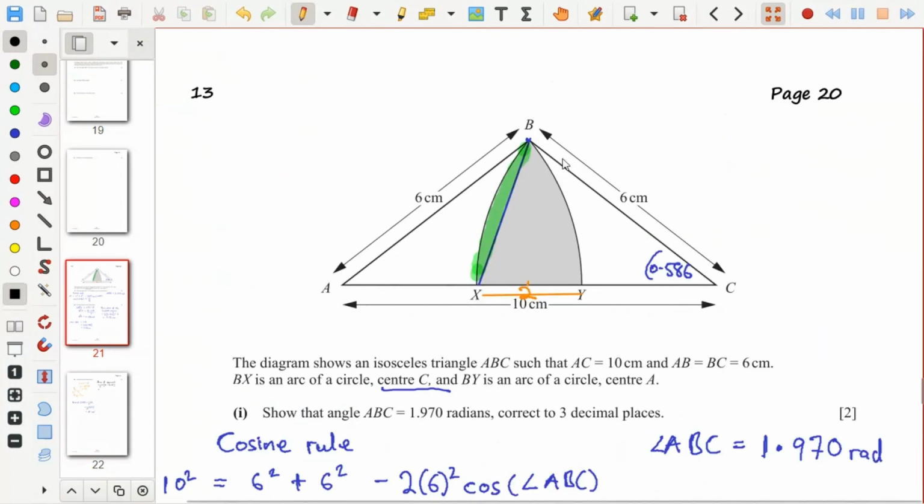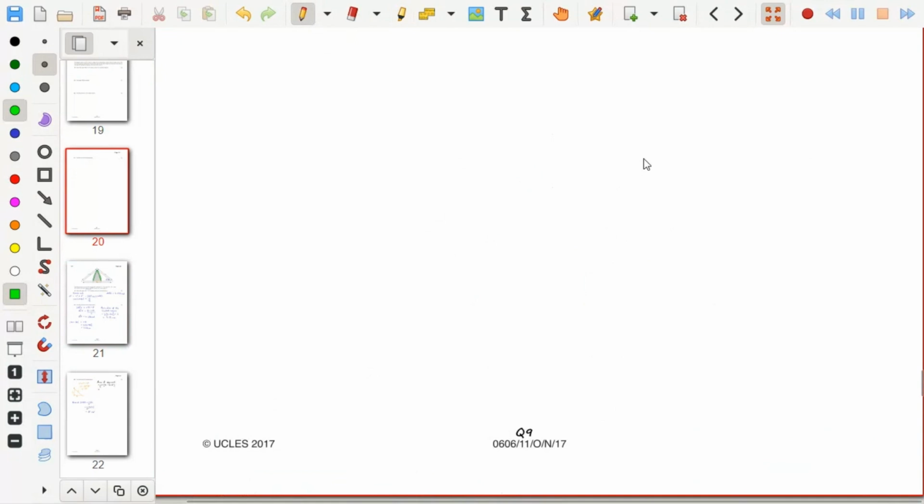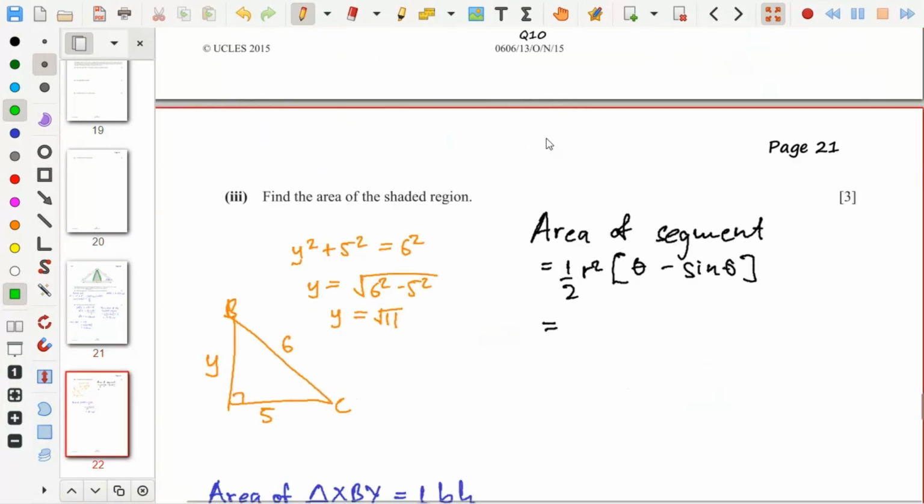Now, since the segments are two, this one, I have to multiply my formula by two. Okay. So if I want to find the area of the two segments, area of the two segments, it will be twice of this.